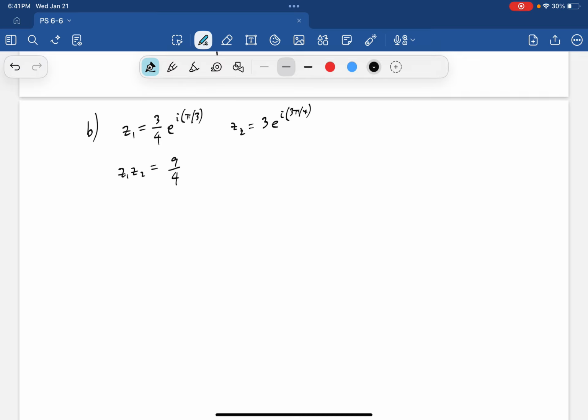So the product, we're going to first multiply the constants in front, and then the angles will add.